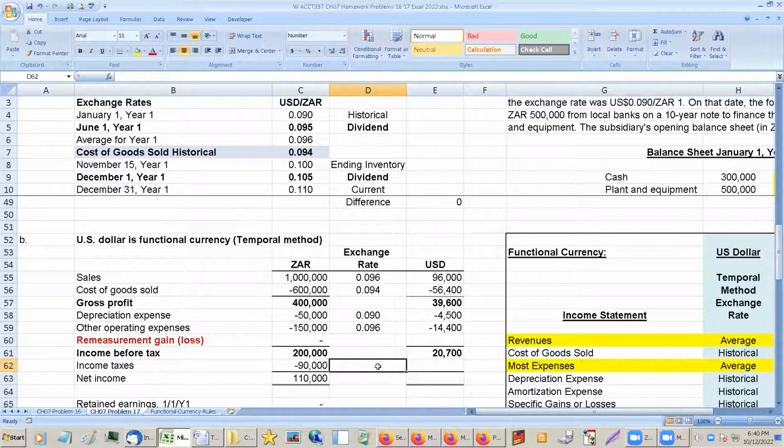Income taxes, we'll use the average for that.